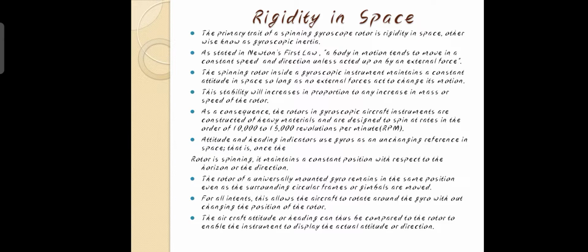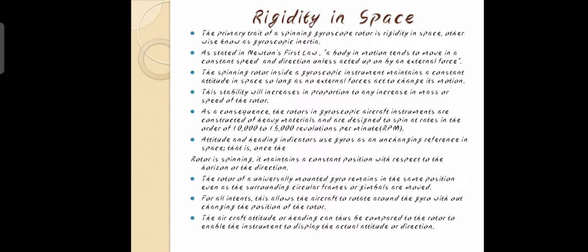This stability increases in proportion to any increase in the mass or speed of the rotor. As a consequence, the rotors in gyroscopic aircraft instruments are constructed of heavy materials and are designed to spin at rates in the order of 10,000 to 15,000 revolutions per minute (rpm).